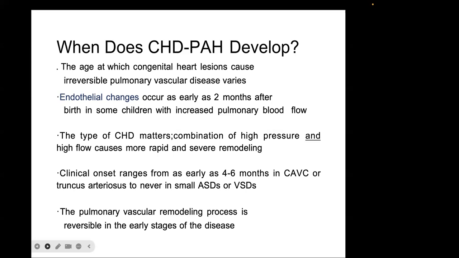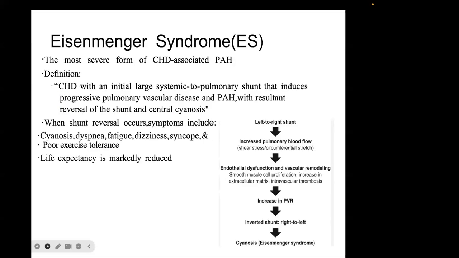A combination of high pressure and high flow causes more rapid and severe remodeling. Clinical onset ranges from as early as 4 to 6 months in CAVC or truncus arteriosus to never in small ASD or VSD. The pulmonary vascular remodeling process is reversible in the early stage of the disease.